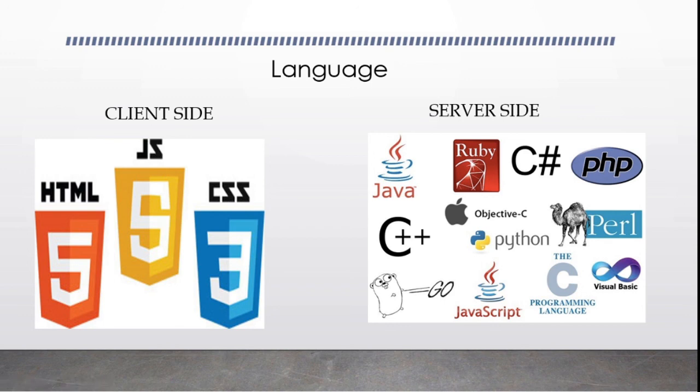And CSS is used to color the design of that website. The languages used in the server side, or let's say the backend side, are Java, Ruby, PHP, Perl. Okay, these are the programming languages that are used to run the business logic.